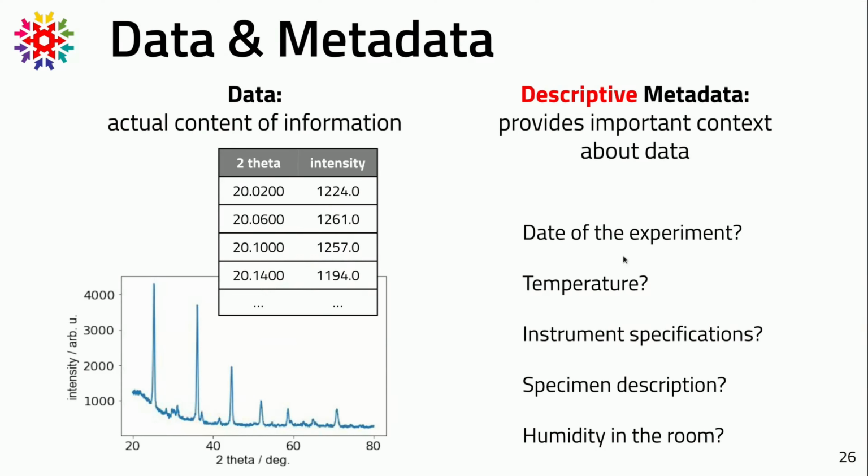As you see here, I left some questions, and the answers to these questions are examples of metadata that we may want to add to complement our data from the experiment. This can range from the specification of the instrument to clarifying the history of the specimen that has been measured, or other kinds of questions like this.